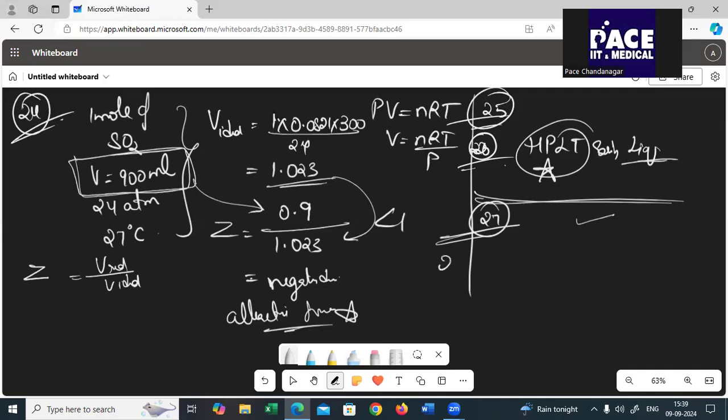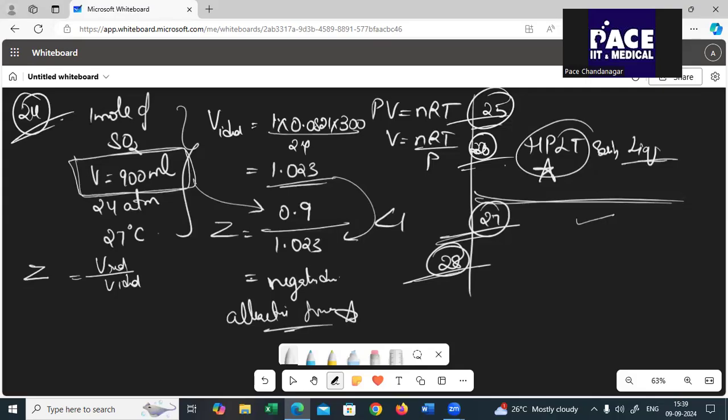Next, question number 28, I am going on with. At the critical temperature, there is no difference between the gaseous state and the liquid state. The critical temperature is that temperature at which the gaseous state is being converted to liquid. The meniscus between liquid and vapor state disappears.